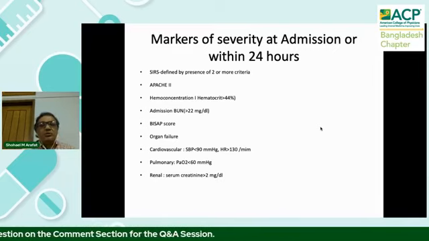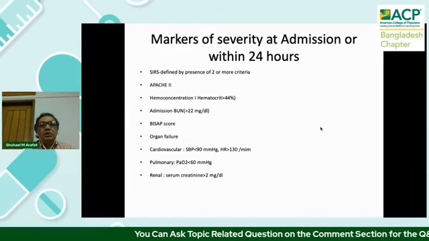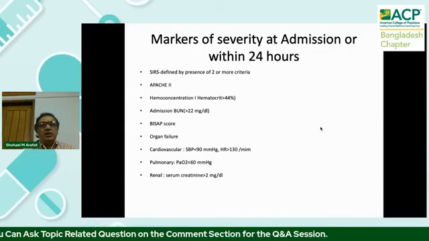There are a lot of tools, but it is found that if the SIRS score is fine at the end of 24 hours, usually less than 2, then that patient recovers very early and can be discharged very early.